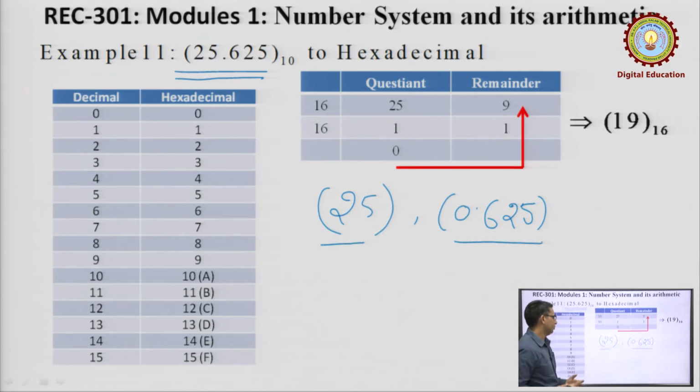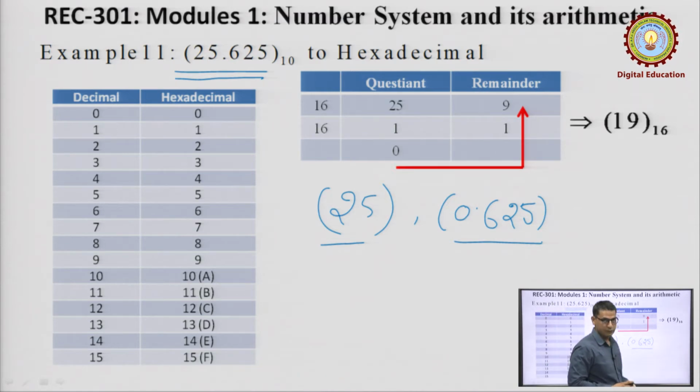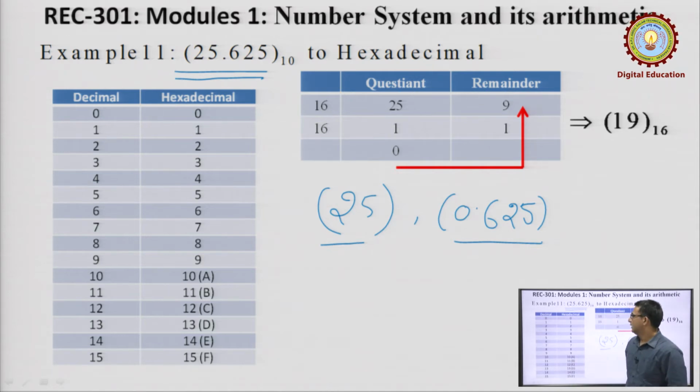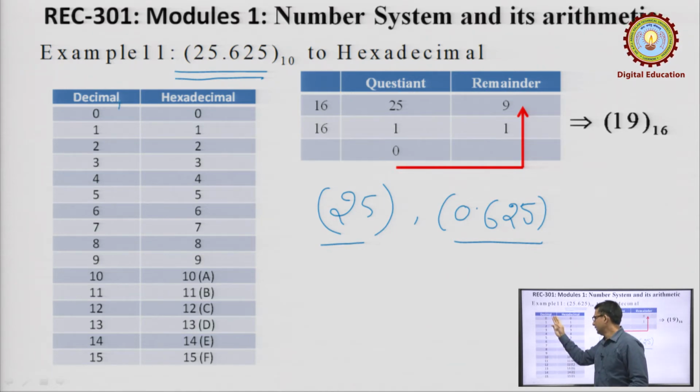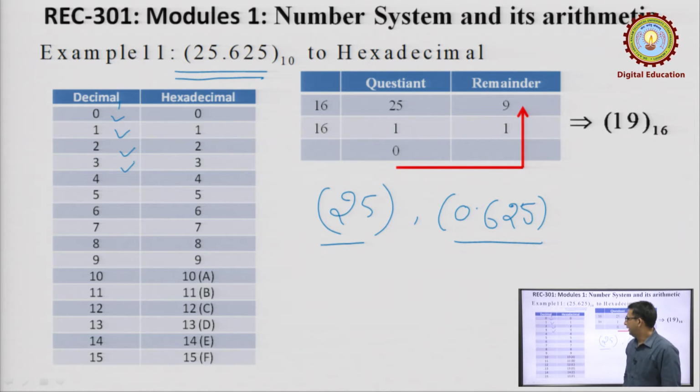Before we start, I want to discuss the decimal and hexadecimal digits. In the decimal number system we have the digits 0, 1, 2, 3, and so on.